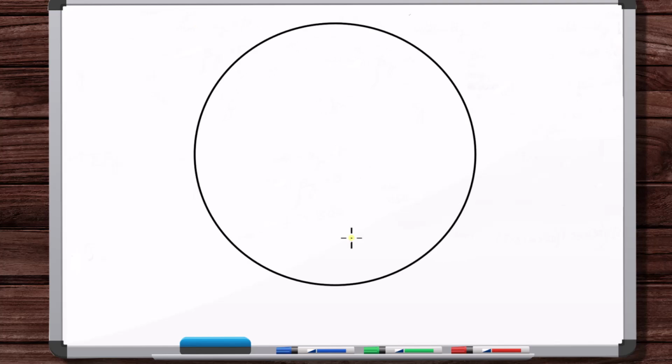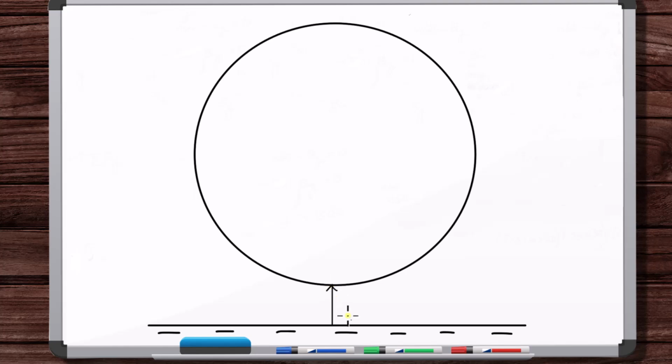So there is the Ferris wheel. And let's say ground level is here. This distance is 20 feet. Here's the center of the circle.